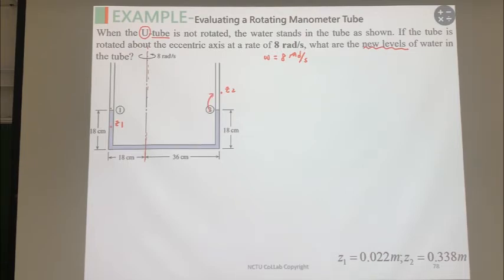So how does it change after the rotation?